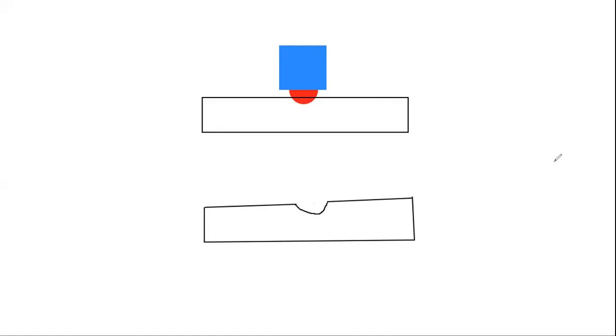It will look something like this because it is difficult to draw an exactly circular structure. This is the indentation that has been produced by this ball. Now this indentation is important in order to calculate the hardness of this particular specimen. So we'll continue this now.